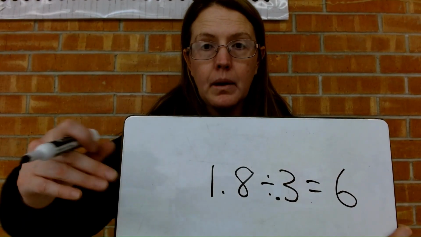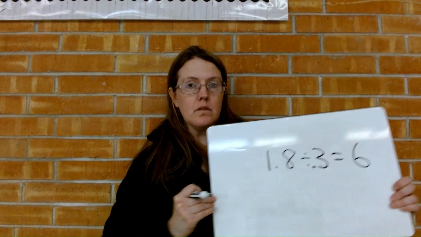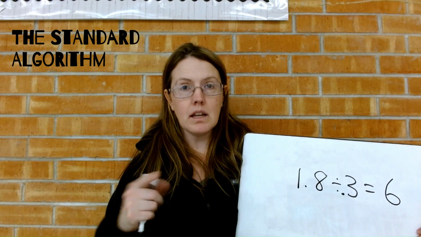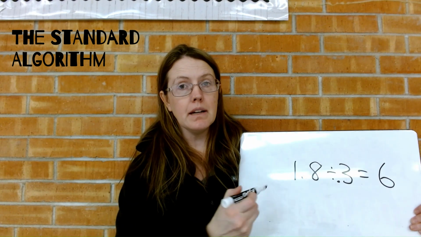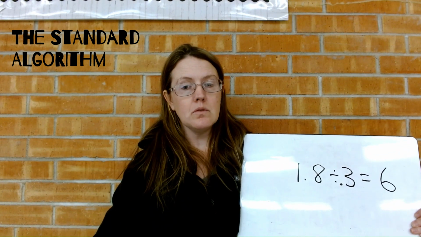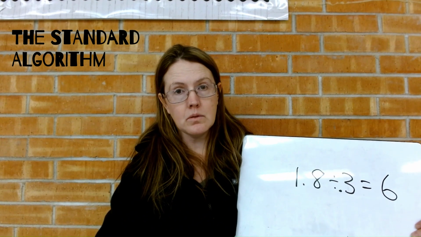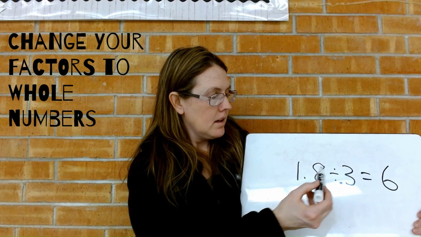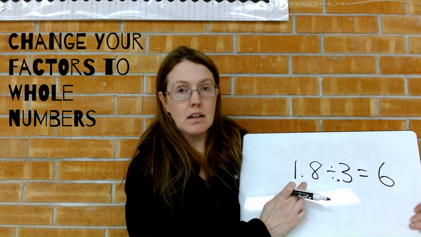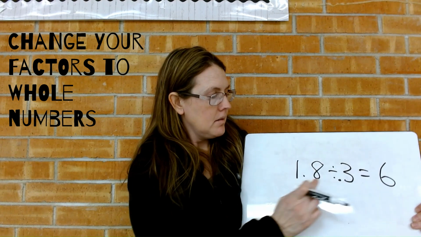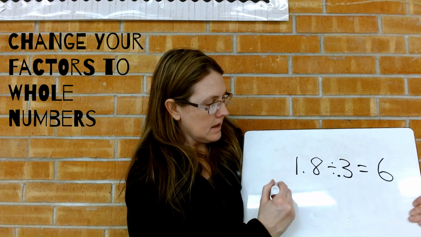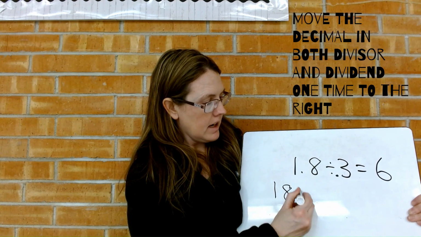This is another way to look at it. You can just do the algorithm, which is going to be in one of the future lessons that we're going to do. But to do these problems, all you have to do is change these into whole numbers by moving the decimal place over 1. Because they're both tenths, it's really easy. So we can make this into 18 divided by 3.